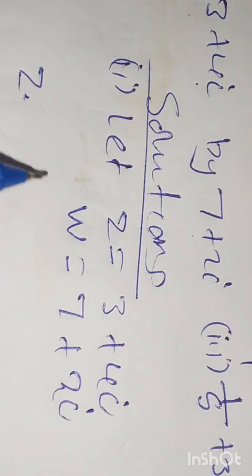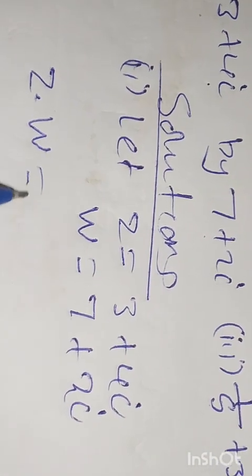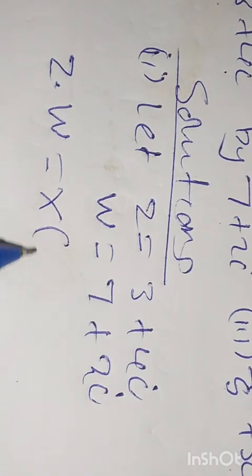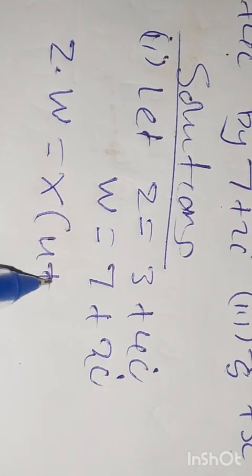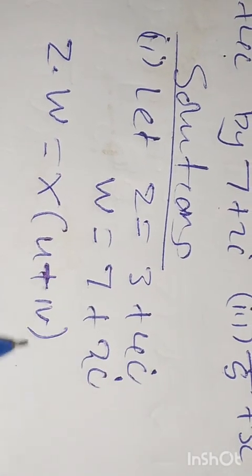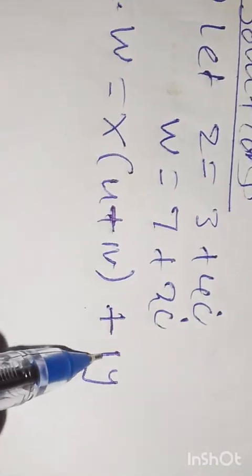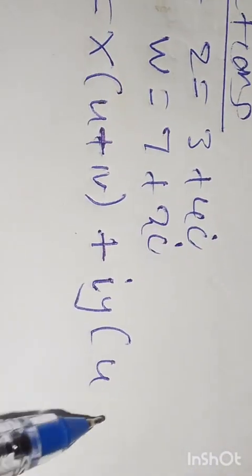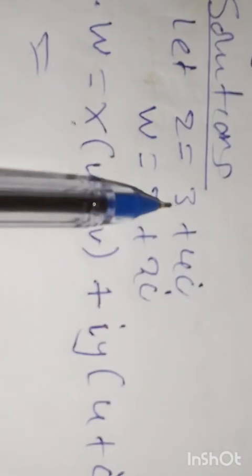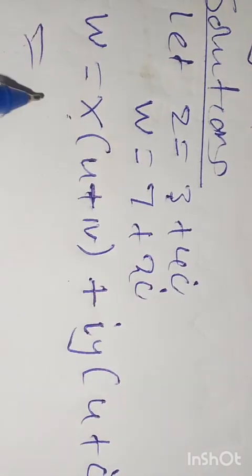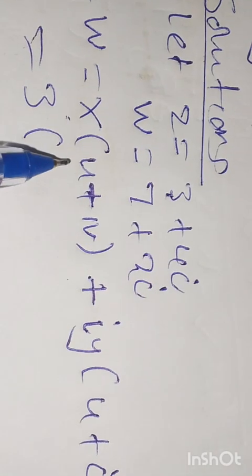z multiplied by w is equal to x multiplied by u plus iv, plus iy multiplied by u plus iv. What is our x? From here our x is 3, so it will be 3 multiplied by, what is our u?